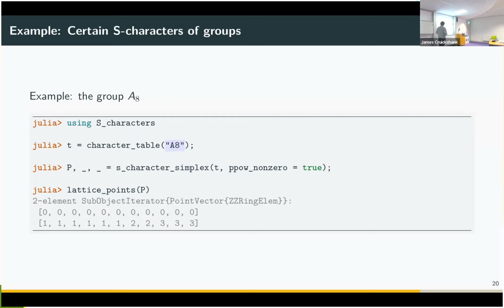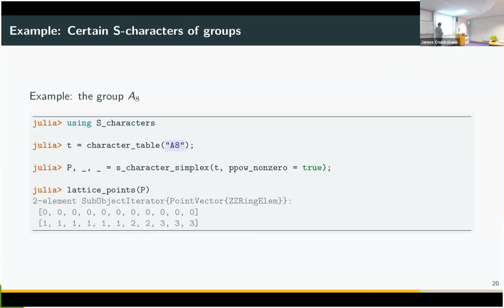Now we take the group A8 here. So this is just a starting point. We load a package which adds a little bit of OSCAR code that deals with this problem, not very much. We take the character table of A8, and then the simplex which we asked for is given by a function from this package, S characters.